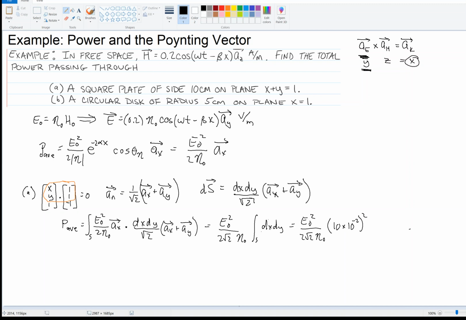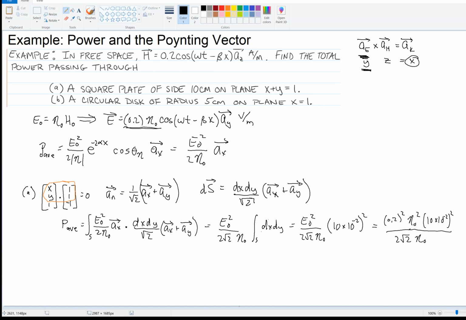Excuse me, this is the surface area here. Before I punch everything in, let me make sure I know what I'm punching in. E0 is the amplitude, so this is 0.2 squared, and then eta 0 squared, and then I've got the 10 times 10 to the minus 2 squared divided by 2 root 2 eta 0.